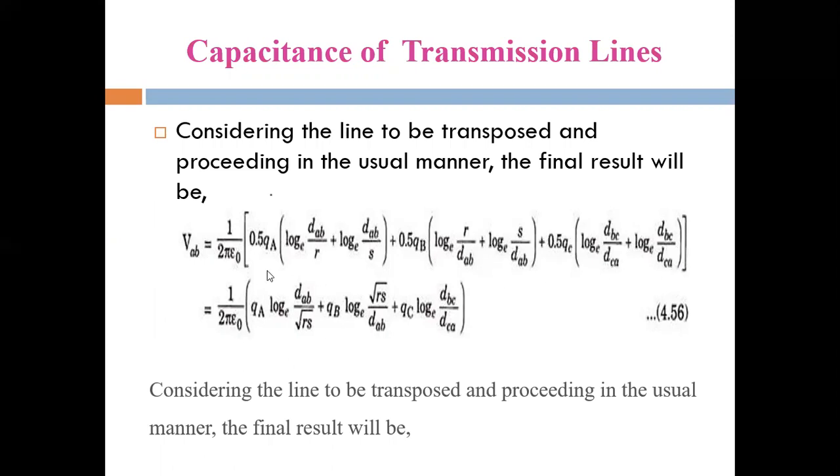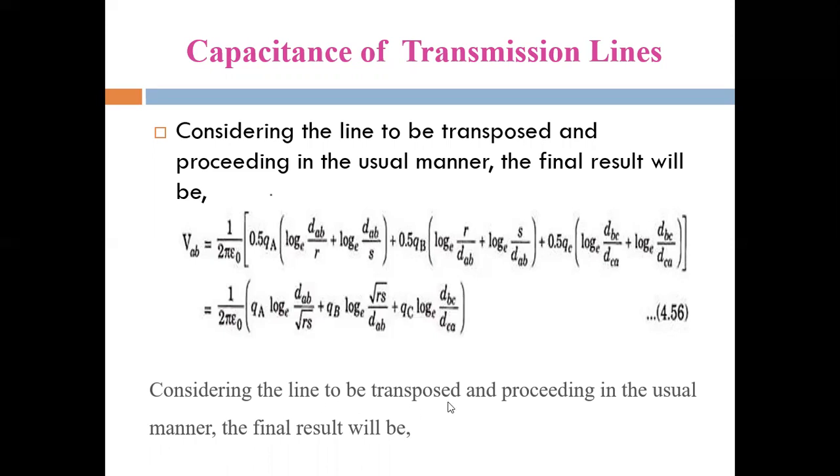Then simplifying this equation, we obtain 1 by 2 pi epsilon naught times QA log e DAB by root of RS, plus QB log e root of RS by DAB, plus QC log e DAB by DCA. This is the potential difference across the conductors A to B.